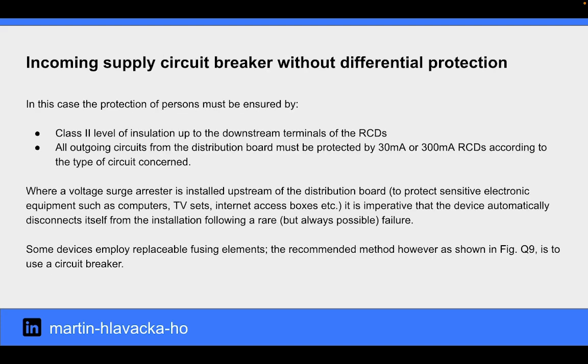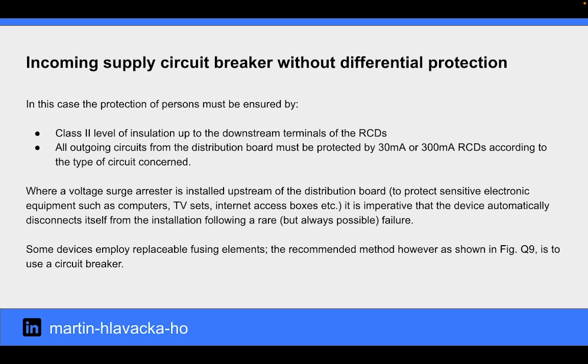Incoming supply circuit breaker without differential protection. In this case, the protection of persons must be ensured by Class 2 level of insulation up to the downstream terminals of the RCDs. All outgoing circuits from the distribution board must be protected by 30 mA or 300 mA RCDs according to the type of circuit concerned.